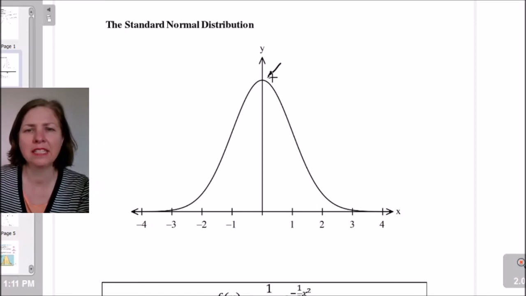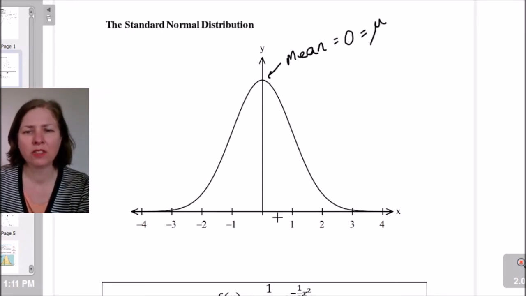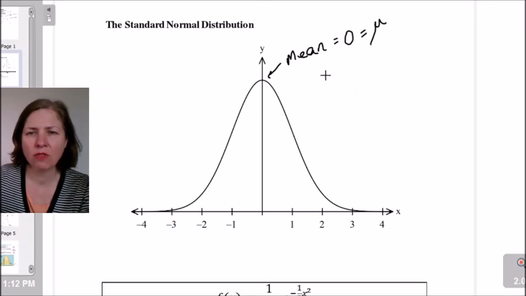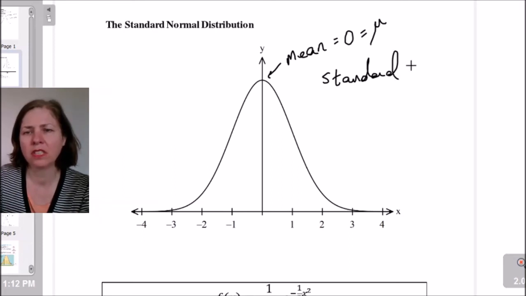The first thing is that the mean, which is also the median, is 0, okay? And we call the mean mu. That's the mean. So here on my x-axis, the mean is 0. The other thing that you can't necessarily see from this is the standard deviation. And this is all in our notes just below.